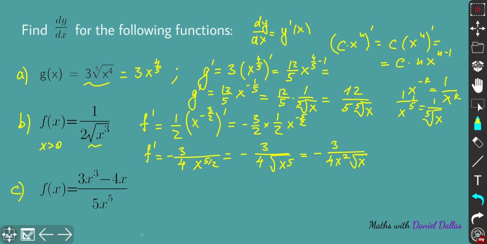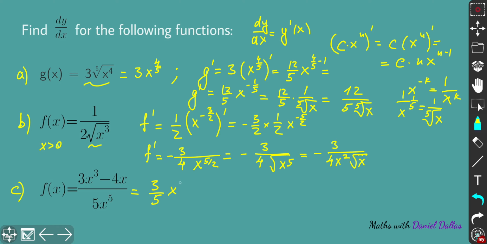So f of x, this is a fractional expression, so first let's simplify. What I'm going to do is divide by parts, so make a partial division. 3x cubed over 5x to the power 5 is going to be 3 over 5. And using the index rule, x to the 3 over x to the 5, I simply subtract powers. 3 minus 5 is negative 2.